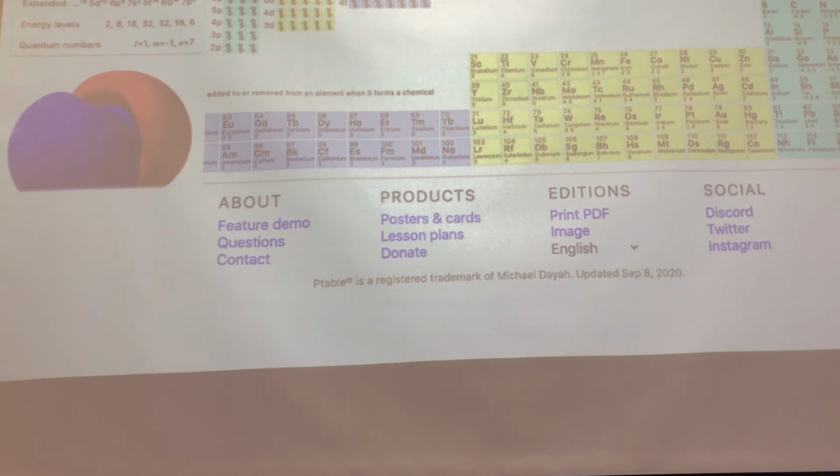Now, one of my not so favorite words, but we'll say it all the time in chemistry, is exceptions. You've just learned the general rules for writing electron configurations. But there are always exceptions to the general rules in chemistry, where they don't follow what you expect them to follow.